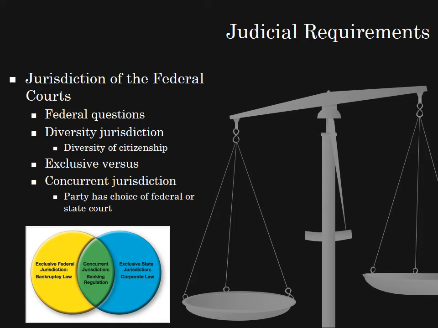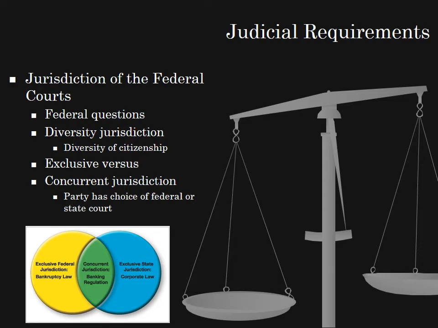And the plaintiff can decide whether to file the case in federal or in state court. Now, we still would have to deal with issues of subject matter jurisdiction and personal jurisdiction, but right now we're just looking at, do we want to go in federal court or do we want to be in state court?